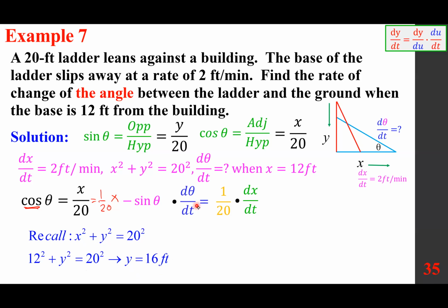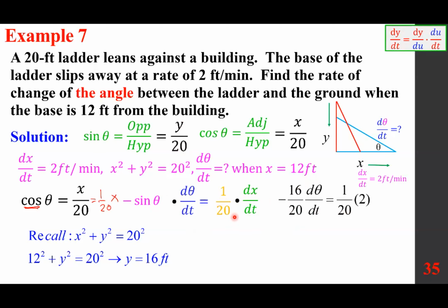So it's minus sine theta, y over 20, 16 over 20, times d theta dt.